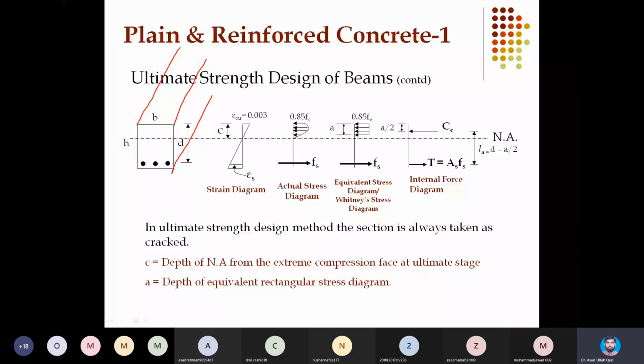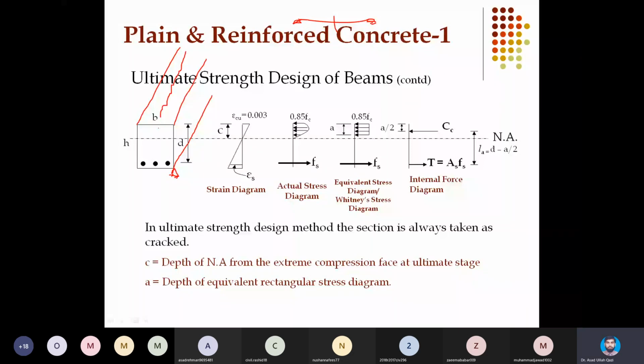Imagine that this beam is simply supported, subjected to a uniformly distributed load, and we are actually working on the mid-span section, which is under maximum stress. So this section which is shown here is the section at the mid-span. And at the moment, in this cross-section, the neutral axis is at this position, shown with the dotted line.